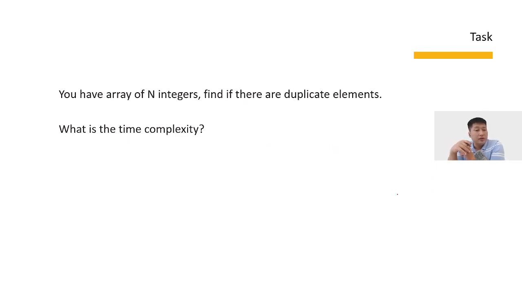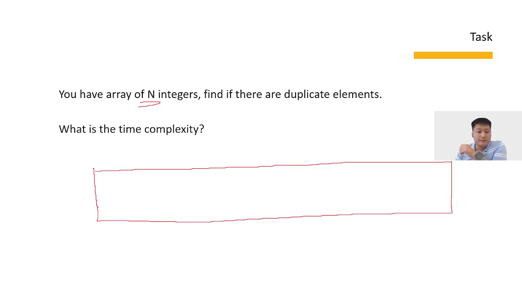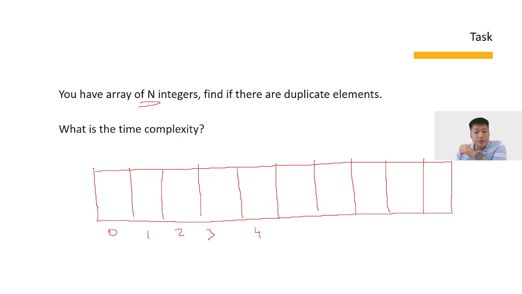We have to find, if we have an array of n integers, let's assume we have an array of, let me make it just 10 values here. So this is another task, guys. Okay, indices 0 1 2 3 4 5 6 7 8 9.